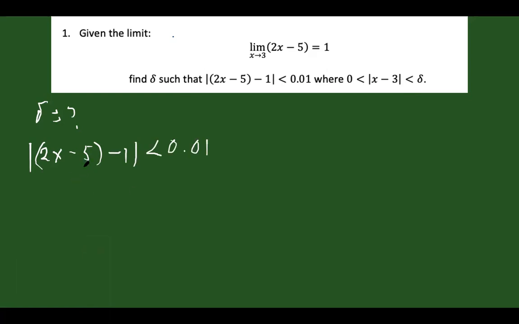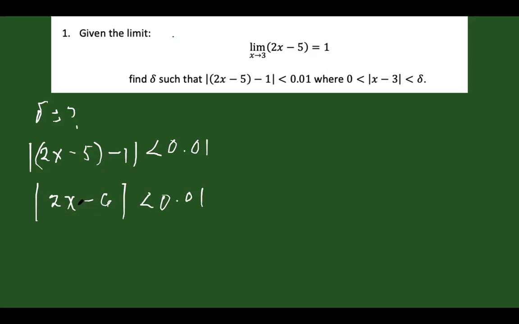Again, our main goal is to express the left-hand side of the inequality in terms of the absolute value of x minus 3. Here, we can simplify this: 2x minus 6 is less than 0.01, negative 6 because negative 5 minus 1 is negative 6.